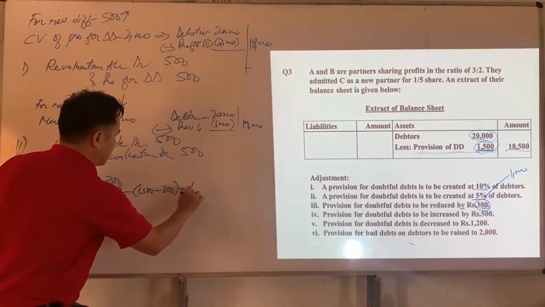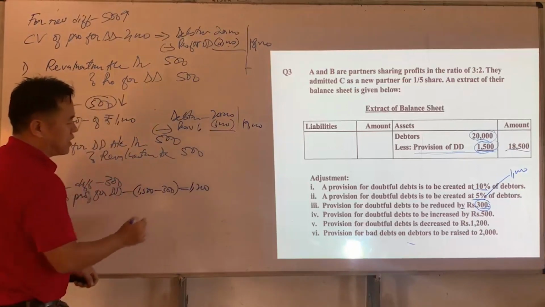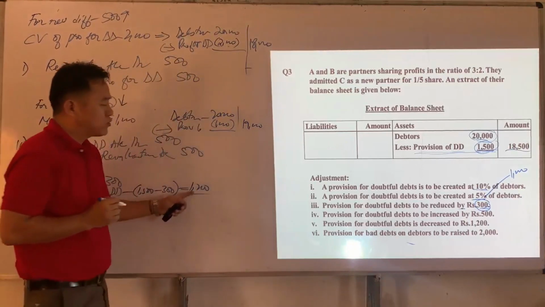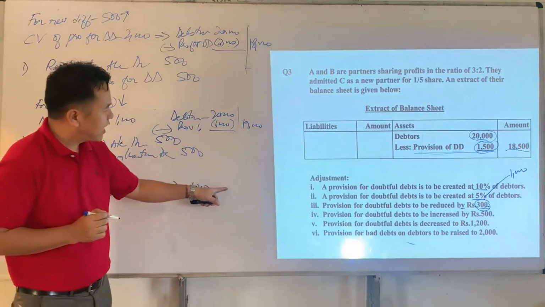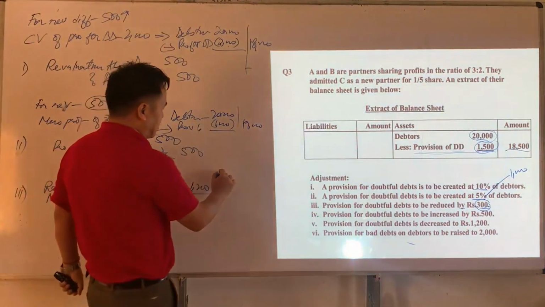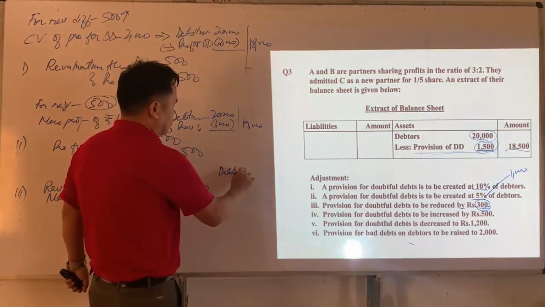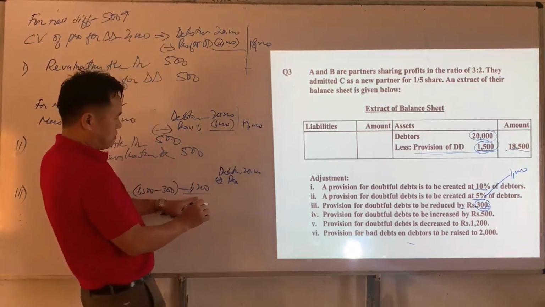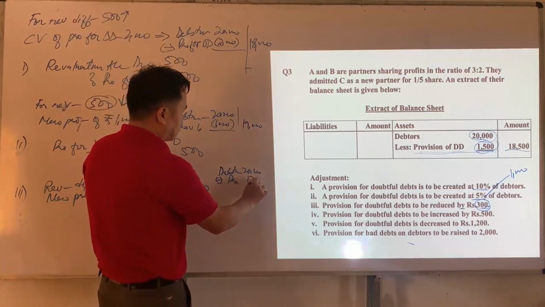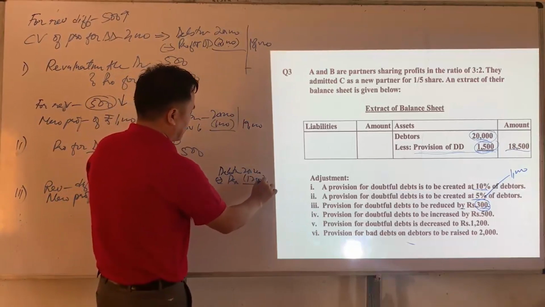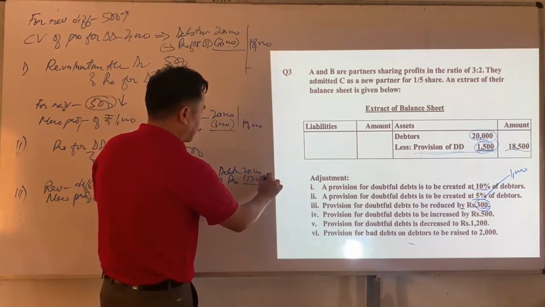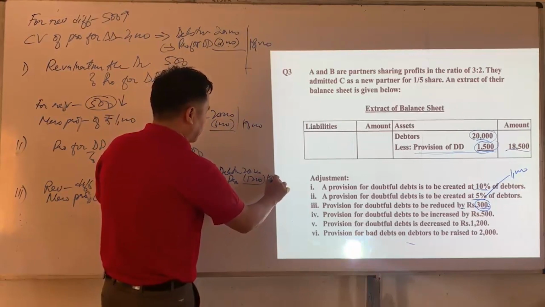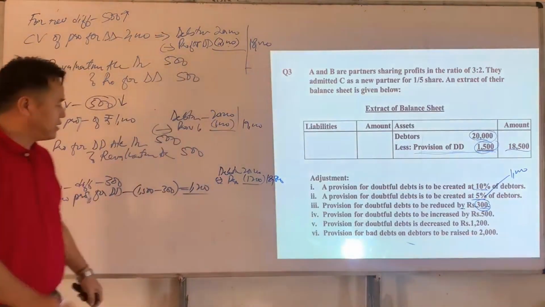So new provision will be 1,200. So this amount will be shown on the asset side by way of deduction from the debtor. What is debtor amount? 20,000 less provision. New provision is 1,200. So it will be shown like 18,800 in the new balance sheet.